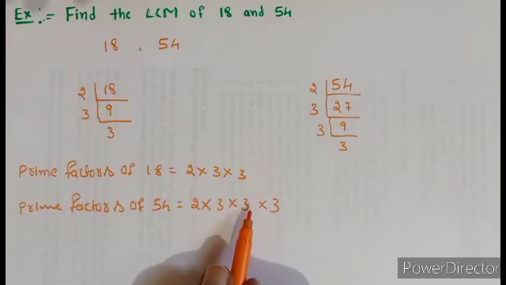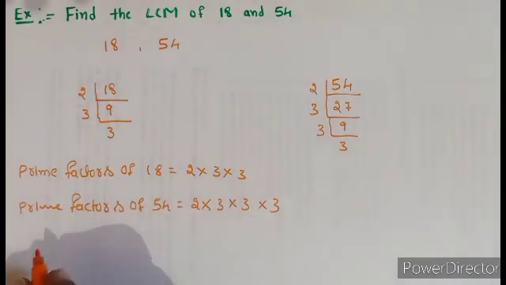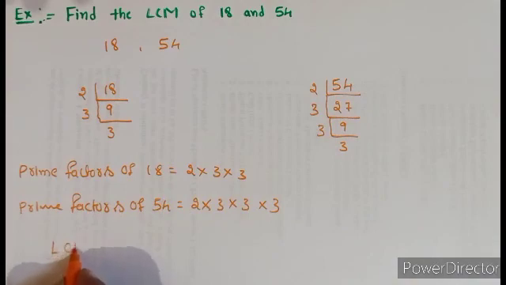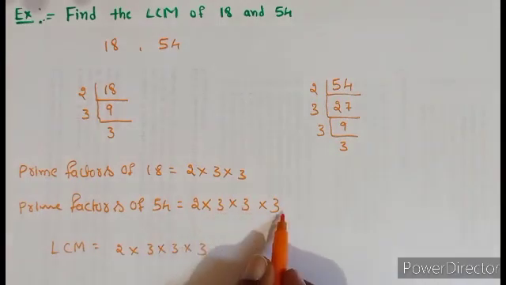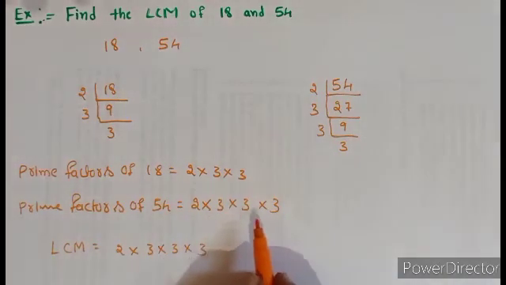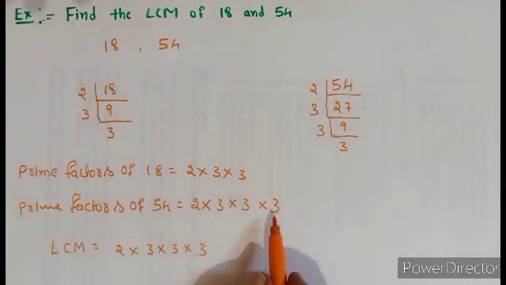All of you see here, LCM is equal to 2 into 3 into 3 into 3. Here total 3 prime factors is there, right?